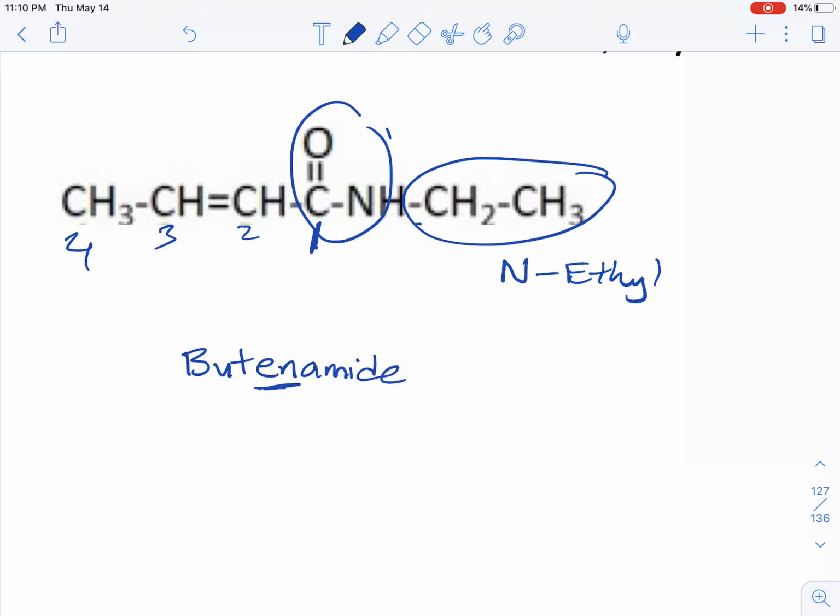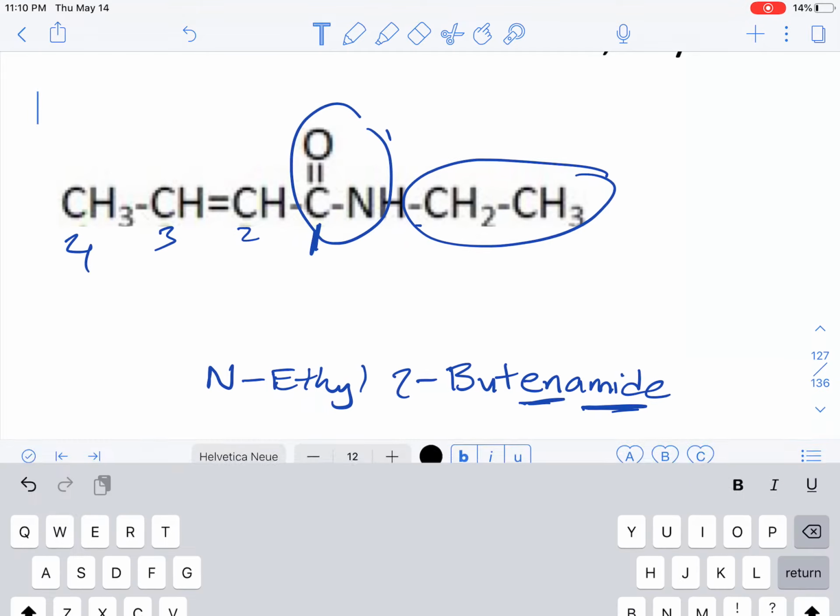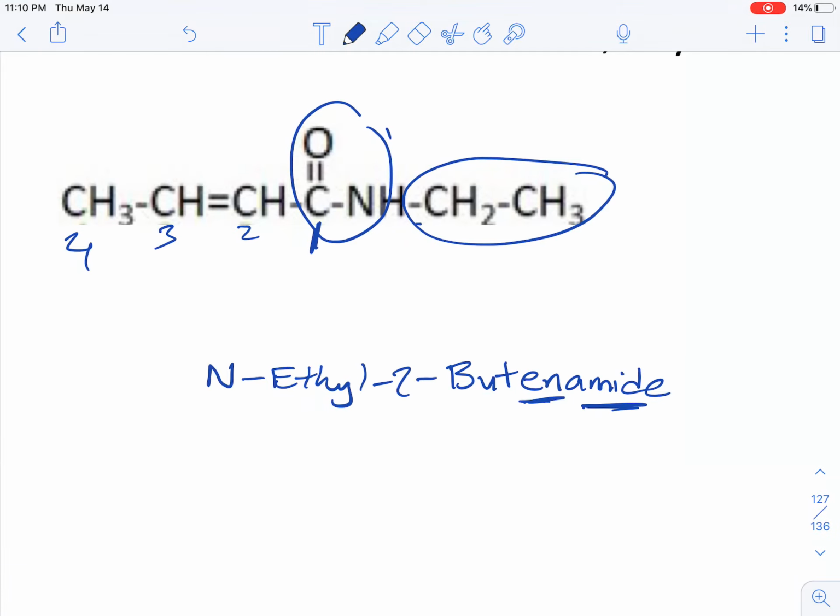Double bond here, amide. That double bond is on carbon number 2, so this is 2-butenamide. And I have no other substituent except for the N-ethyl. So I'm going to put N-ethyl at the very front, and then put a dash. So the name of this organic compound is N-ethyl-2-butenamide, where the double bond is going to be on carbon number 2.